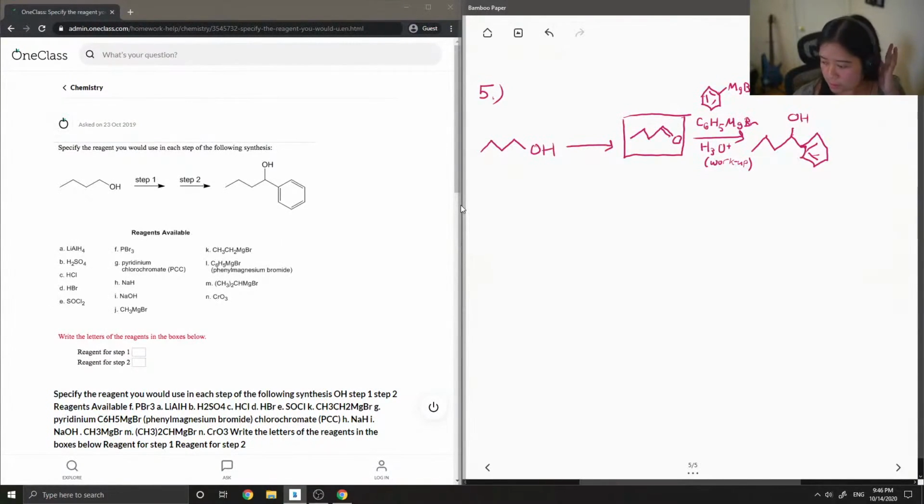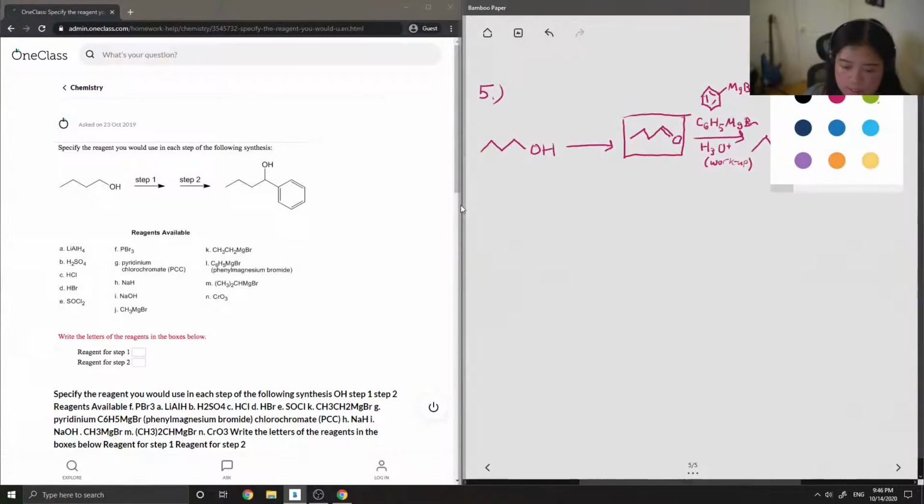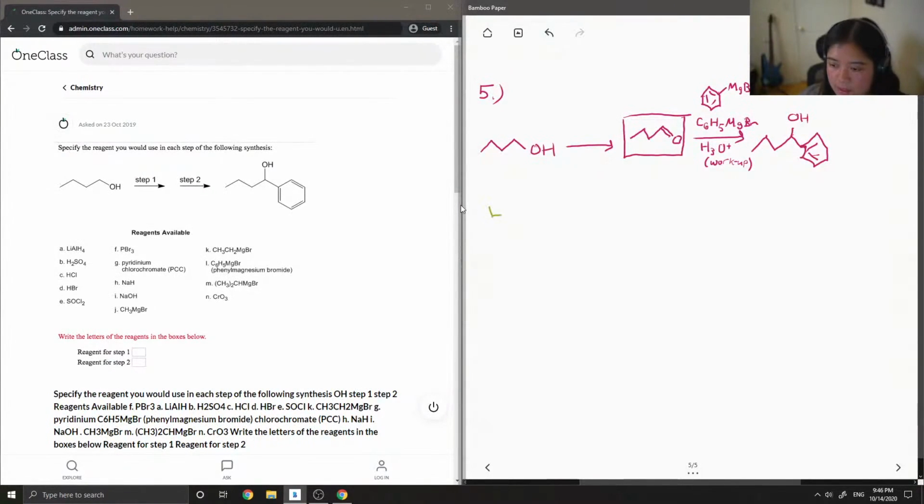So I'll go over all of the reagents that are given in case it just looks like a lot of random compounds. I'll show you what they all mean. So this lithium aluminum hydride is actually a strong reducing agent.